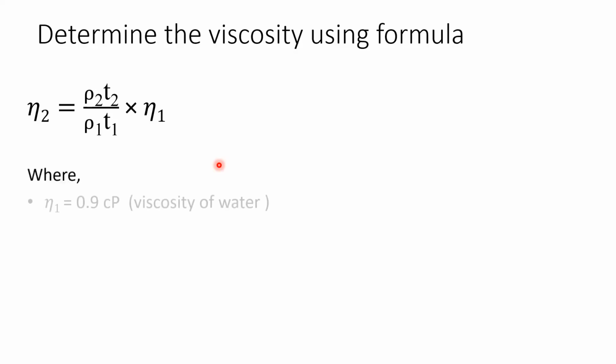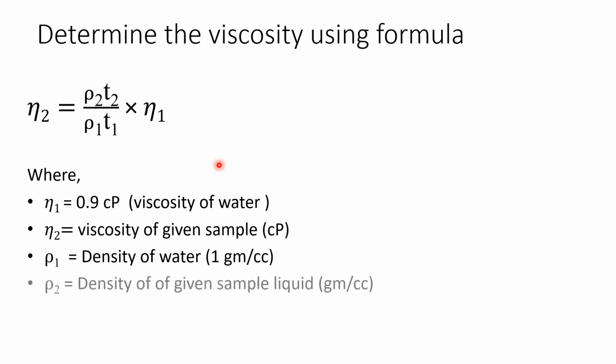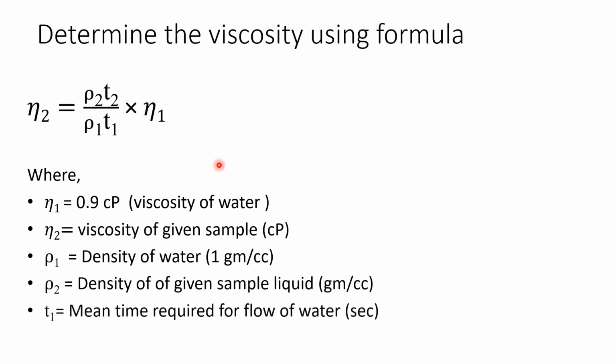Whereas eta 1 is the viscosity of the water, that is 0.9 centipoise. Eta 2 is the viscosity of the given sample liquid in centipoise. Rho 1 is the density of the water, that is given as 1 gram per cc. Rho 2 is the density of the given sample liquid in gram per cc, that you have to determine using a specific gravity bottle.